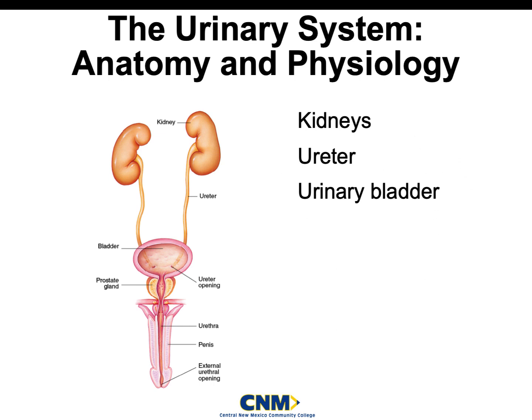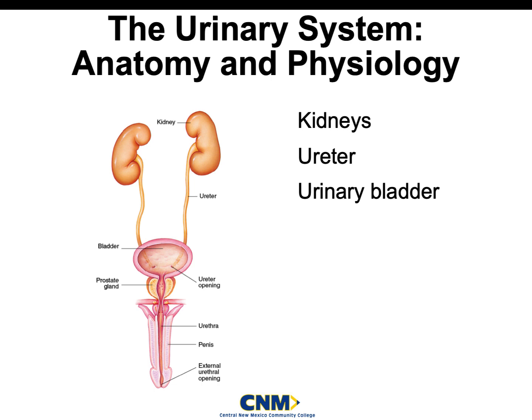Okay, our urinary system contains our kidneys, our ureters, which are the actual tubing that leads from our kidneys to our bladder. It contains our bladder, and then from our bladder, it goes through our urethra in order to be urinated out.